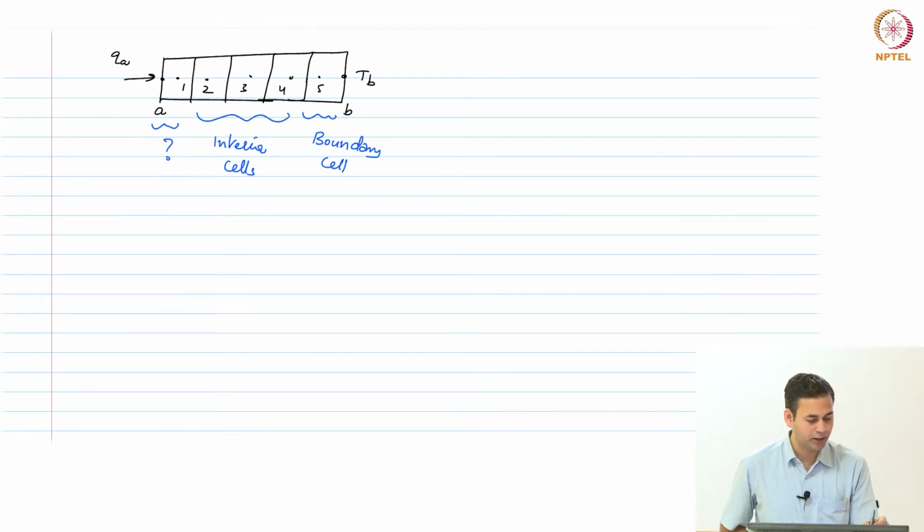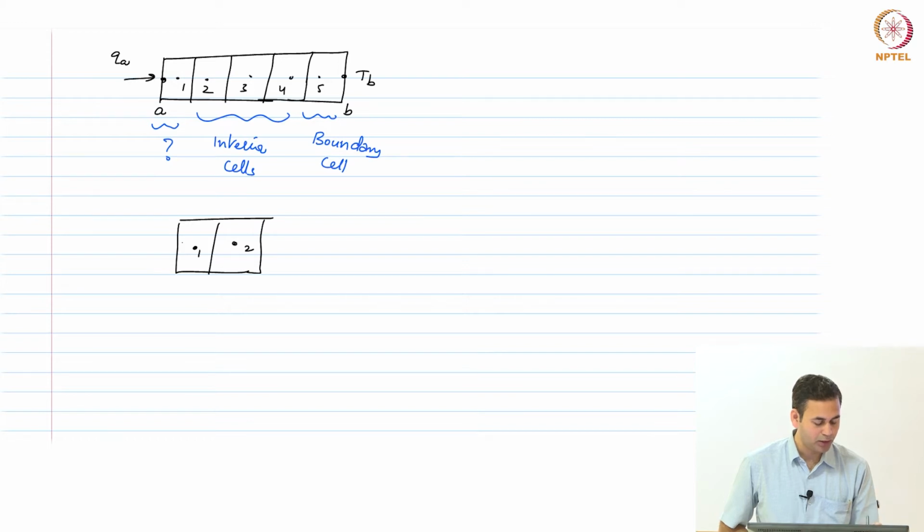If I were to redraw this, we have cell 1 and cell 2, where cell 1 we call the P cell and cell 2 is the east cell, and this is our phase A, where a heat flux boundary condition is given. Now, if we write the discrete flux balance equation, what would that read like?